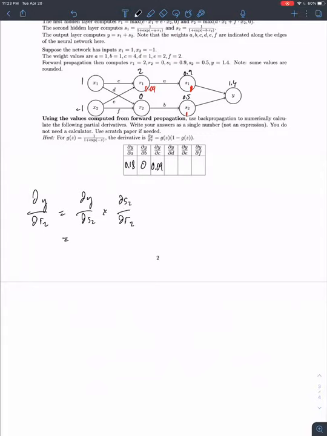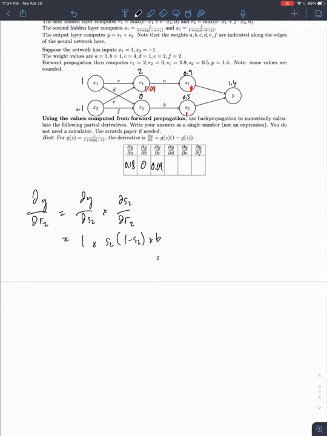Right, partial y, partial s2, we know is 1. What's partial s2, partial r2? Well, that's b, right? Or no, it's not. It's s2 times 1 minus s2 times b.